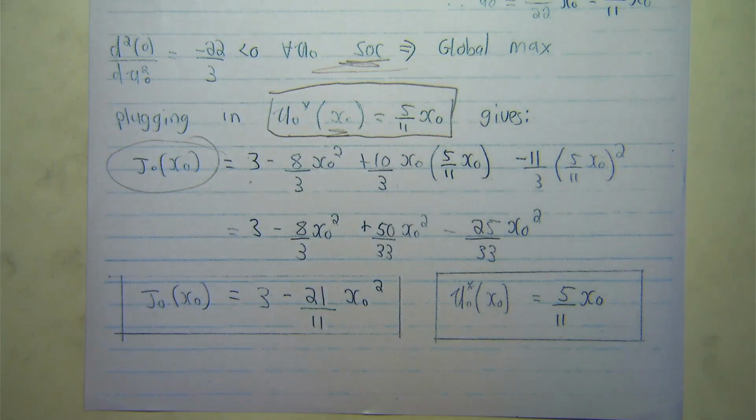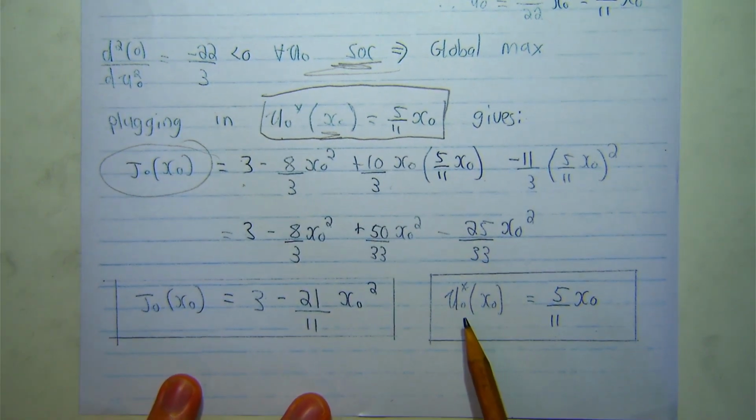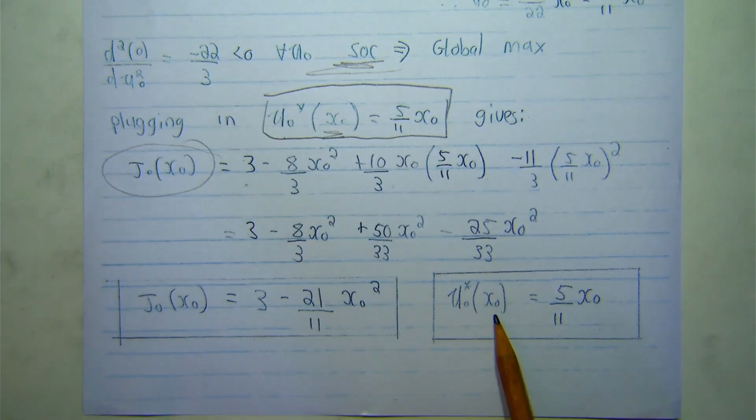Now that we've gone from the start to finish, we have our rules for the optimal choices at every time period. So when you start time 0 with x0, you should choose this for u0. That's our optimal decision making.